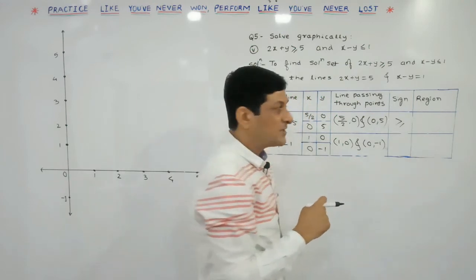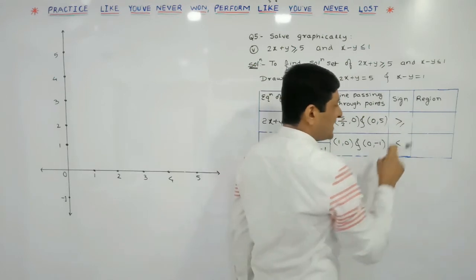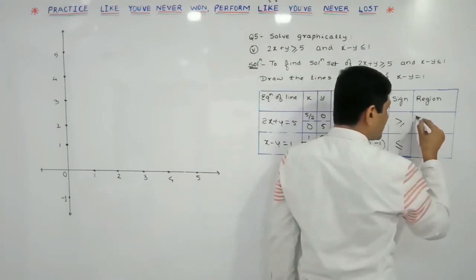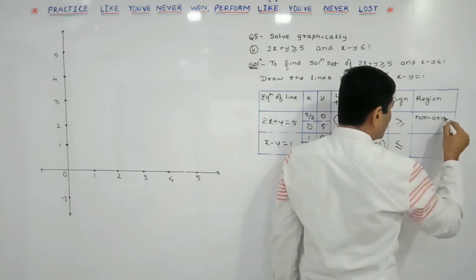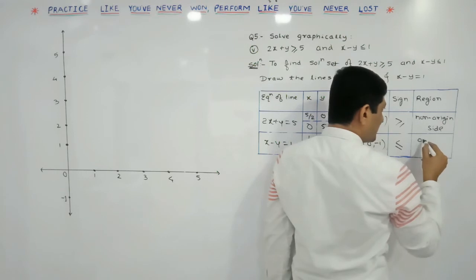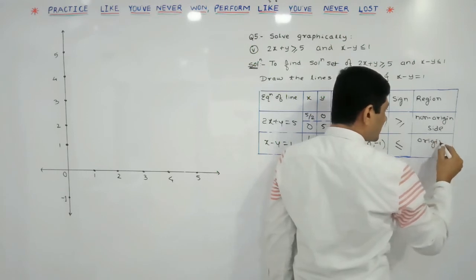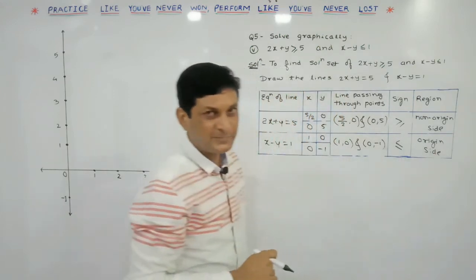Greater than or equal to, and for the second equation less than or equal to. We have already seen that greater than or equal to represents the non-origin side part, and less than or equal to represents the origin side. Origin side part will be our solution set.